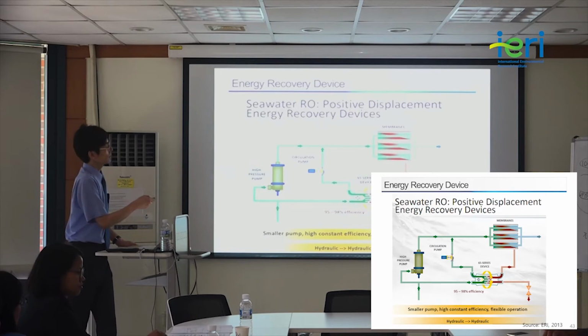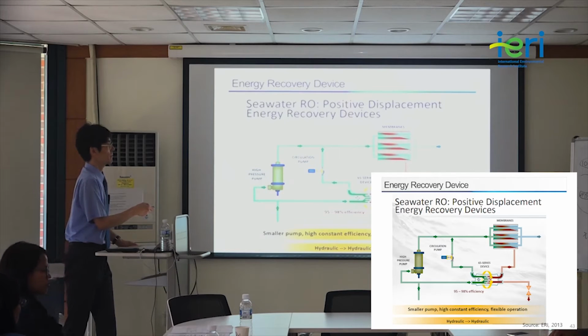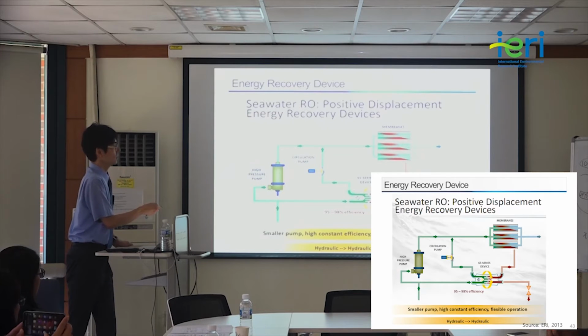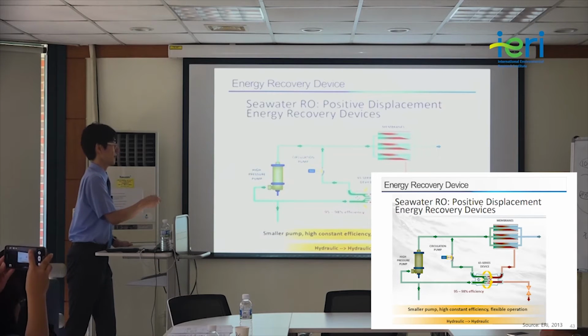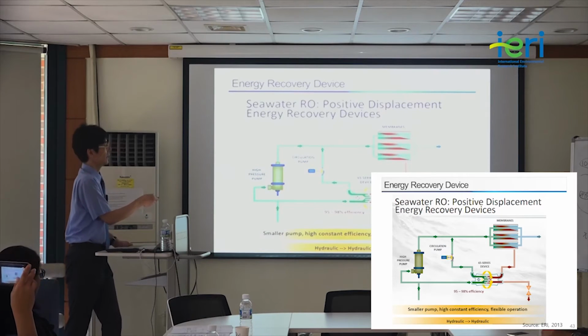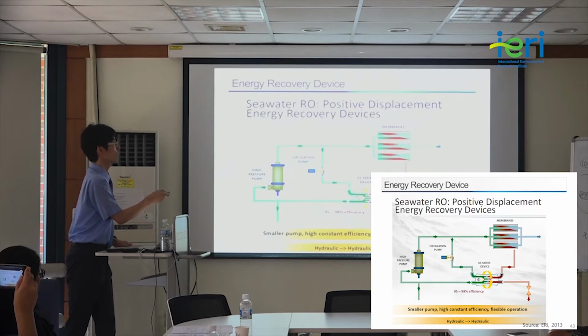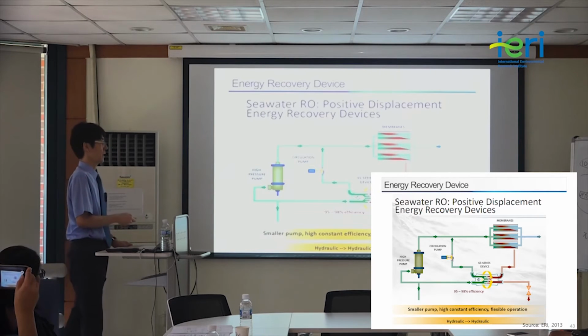In this case, the brine has high pressure, but when it passes through the energy recovery device, the high pressure is delivered to the low pressure side, and when it gets out of this device, the pressure is released, and the pressure is transferred to the feed side. So this water has pressure to operate the reverse osmosis membrane.